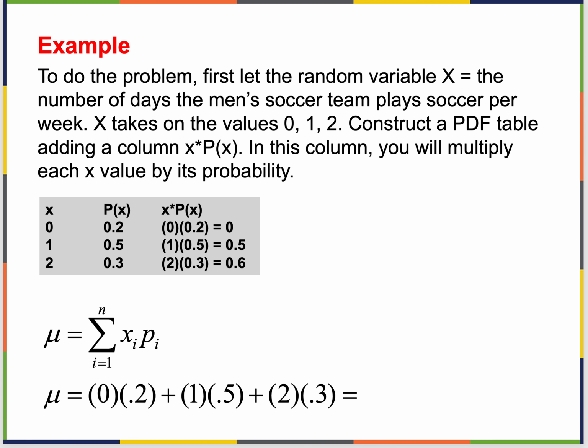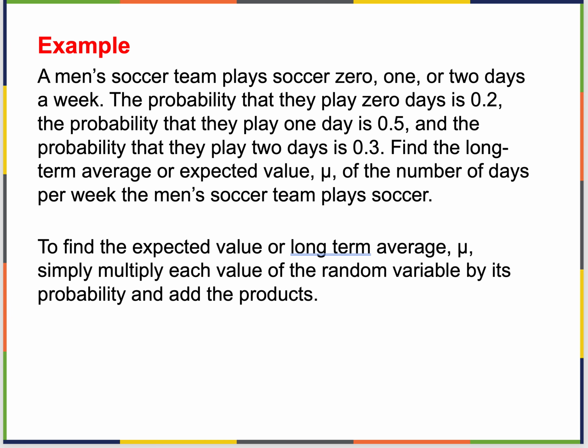If you want to do this for the soccer problem, a men's soccer team plays 0, 1, or 2 days a week. The probability that they play 0 days is 0.2. The probability that they play 1 day is 0.5. And the probability that they have 2 games is 0.3.